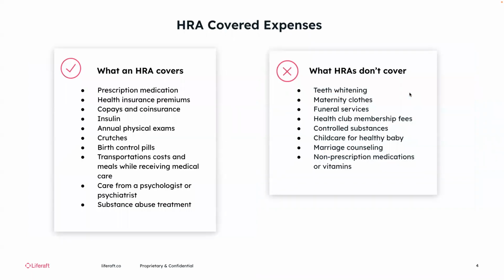Great. So what is covered, what isn't covered? There is a long list of things that are covered. What we have seen, from a use case perspective, is really around premiums, health insurance premiums. You can also use an HRA to structure a copay or deductible coverage plan.